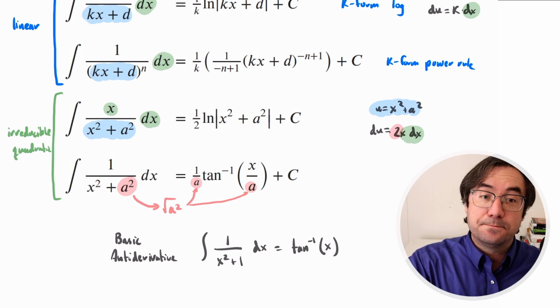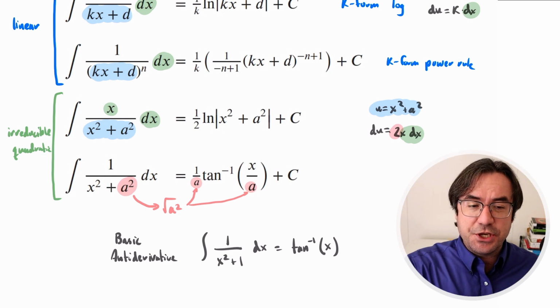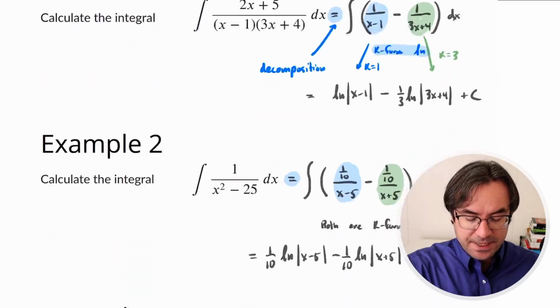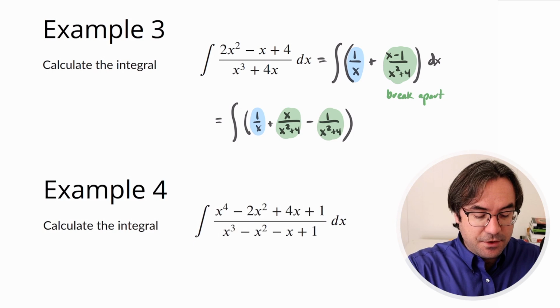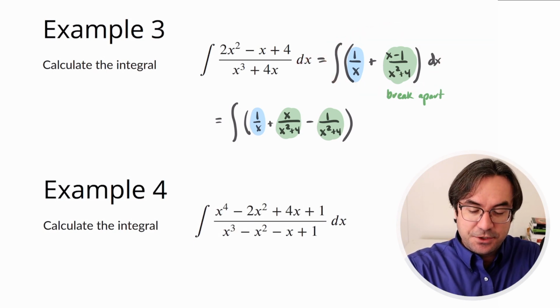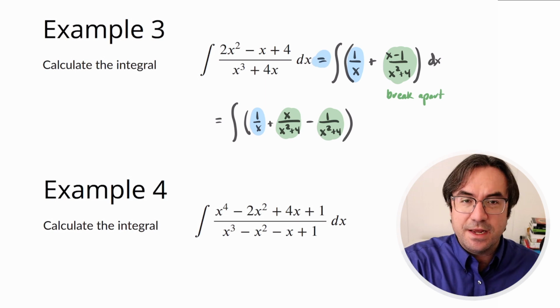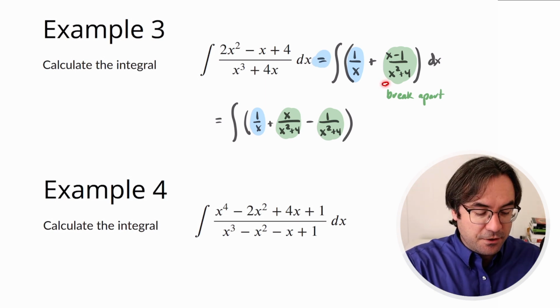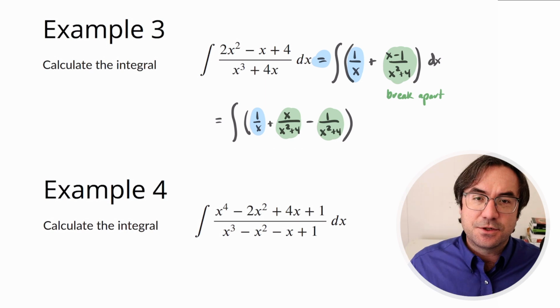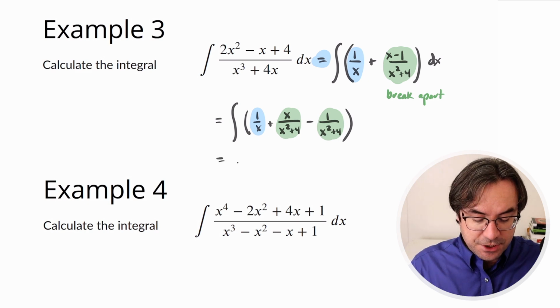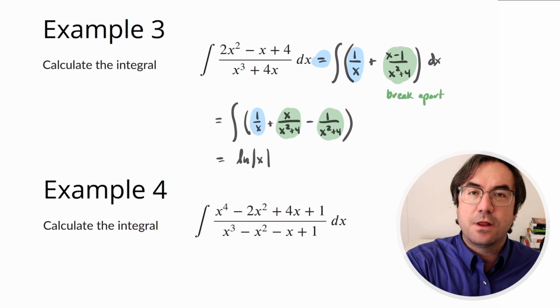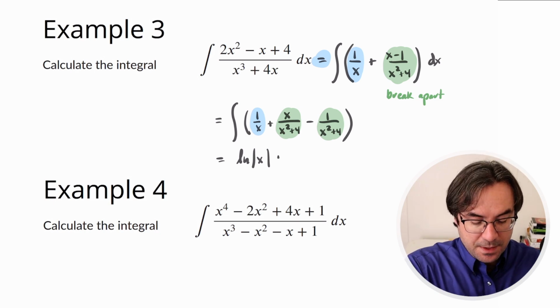All right, so let's put this to use. If we go down to example 3, we've done the heavy lifting. We've done the original decomposition, which was our main work from before, and we went a little further and broke that one apart. So now we're ready to get our antiderivative. For that first fraction, that one's just a nice linear term, so natural log absolute value x.